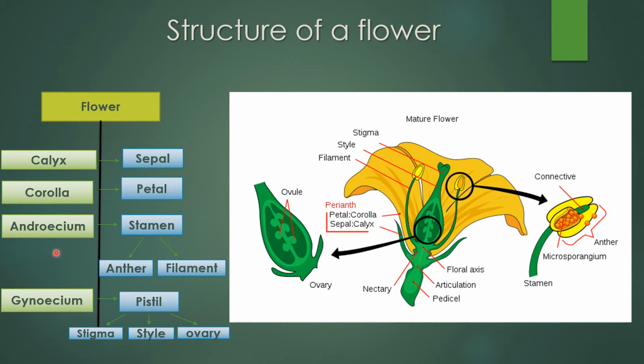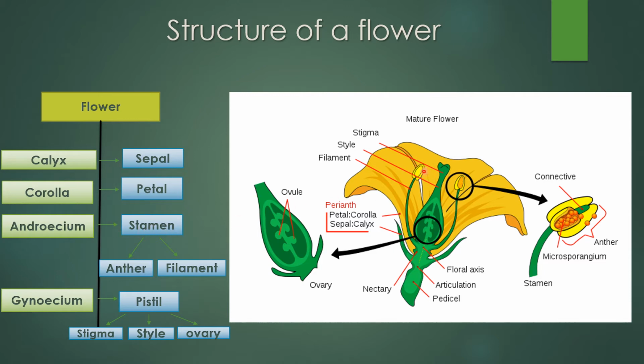Okay, now the next one, the male part of the flower, is known as the androecium, and its unit is the stamen.